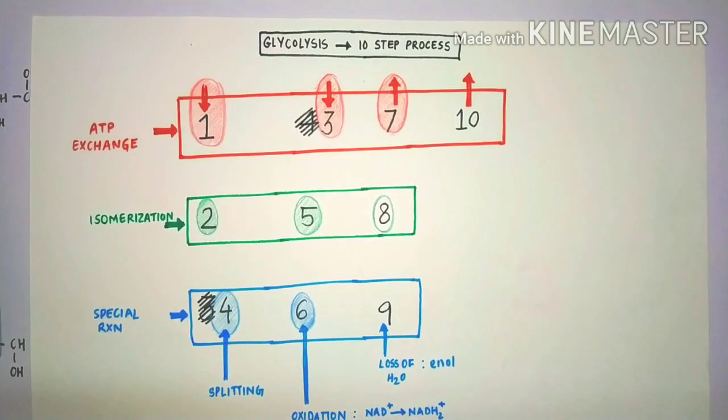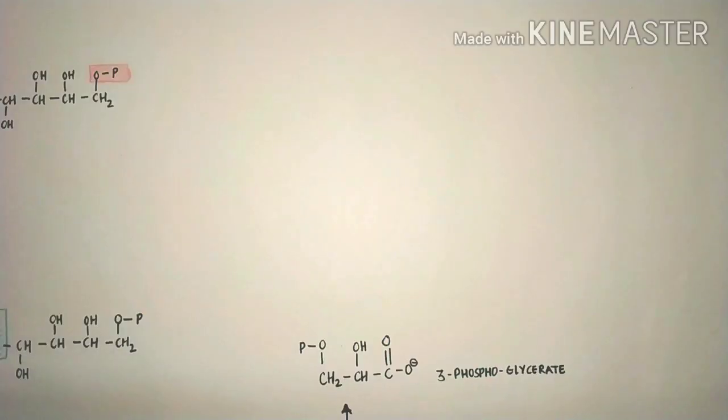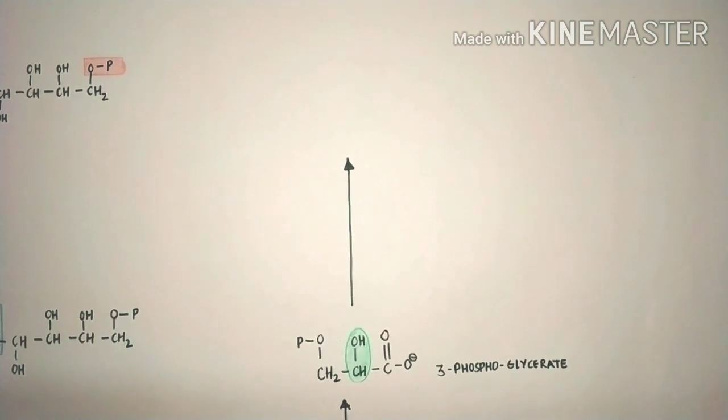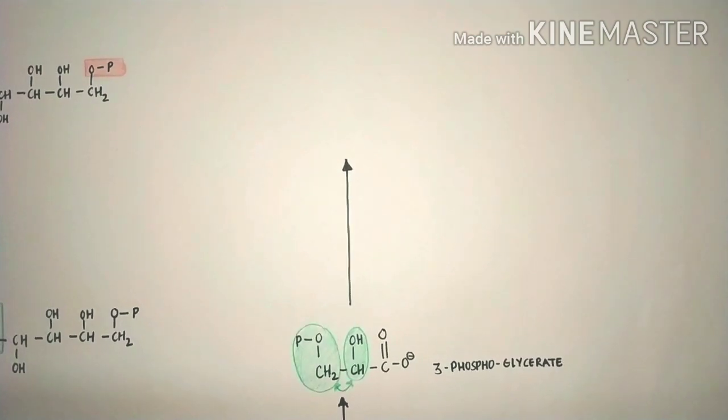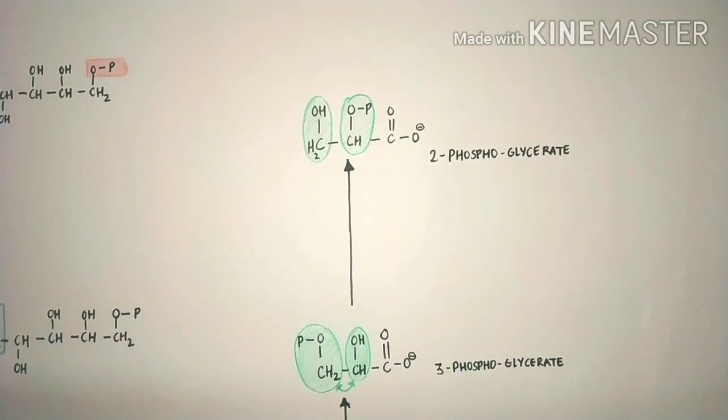Step 8, which is isomerization. Again, we'll take the COH group and exchange it with the adjacent functional group. Because we cannot bring carboxylic group in the middle, we will exchange it with the CH2OP unit this time. And after exchanging, it will form 2-phosphoglycerate from 3-phosphoglycerate.